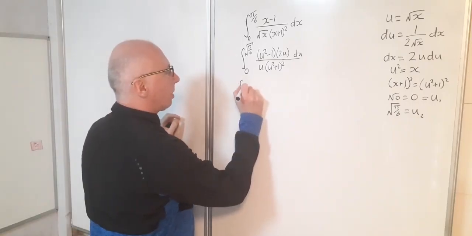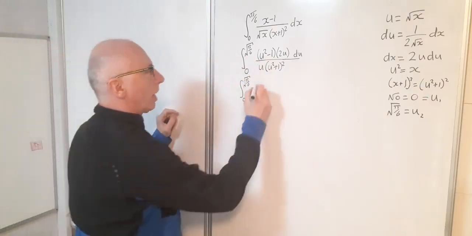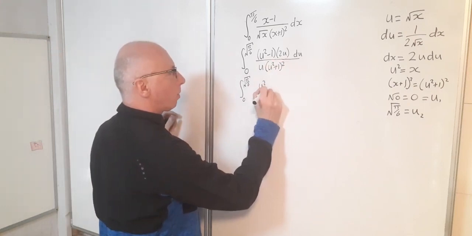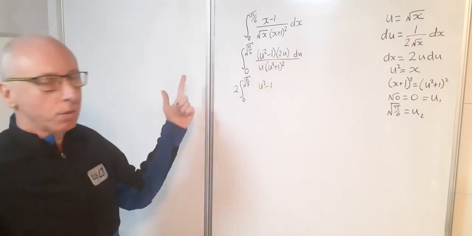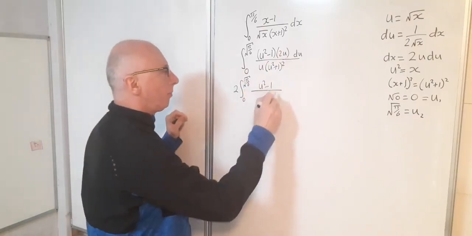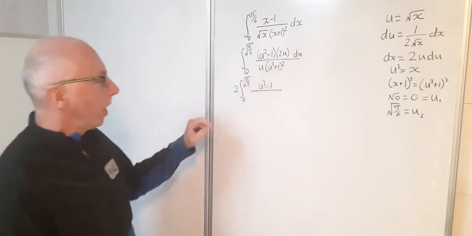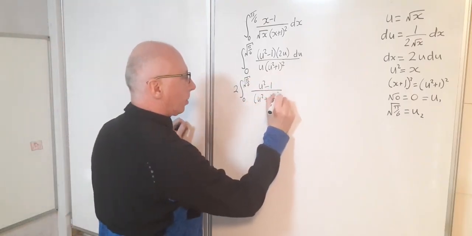So now I've got 2 times the integral from 0 to square root of pi over 6 of (u squared minus 1) over (u squared plus 1) squared, and then, of course, my du.